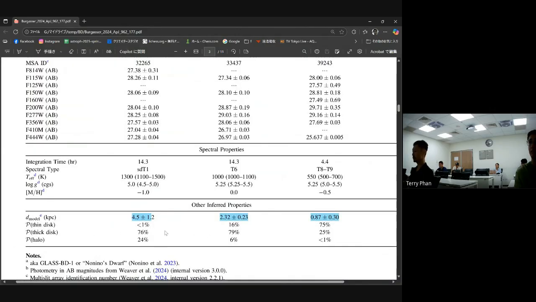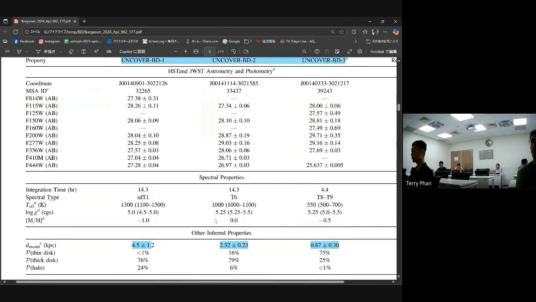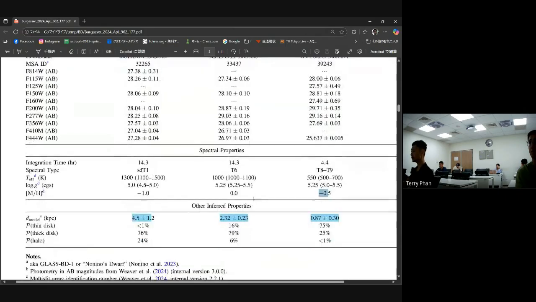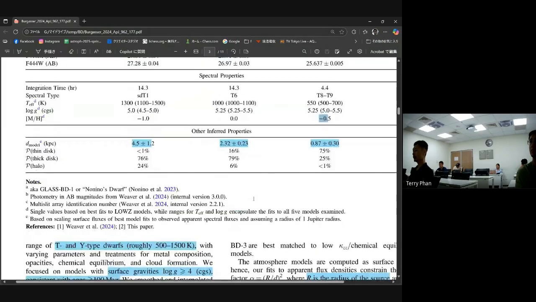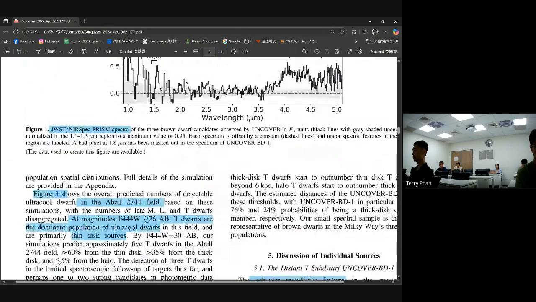These 2 more distant ones are probably in the thick disk, and this 1 kiloparsec one may be in the thin disk. And the metallicity is also low. You can see this is -1, and this is -0.5. So these are metal-poor brown dwarfs. These are all from the models. Okay, I think that's all.